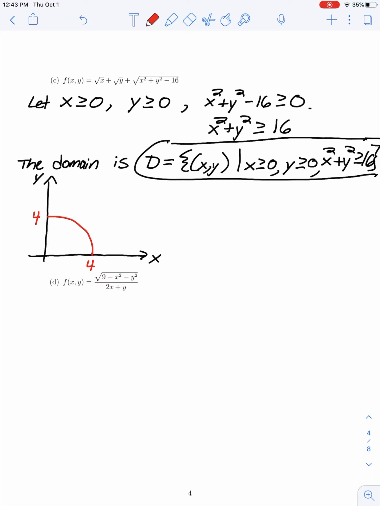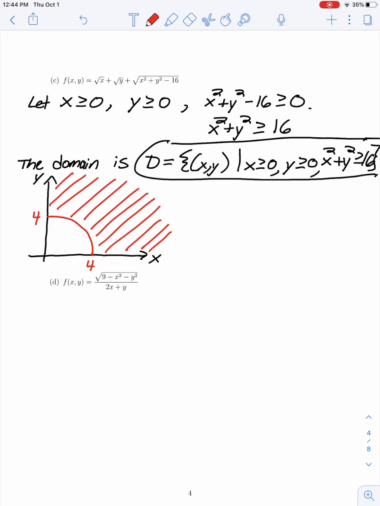And I would use a solid line to denote that circle here. Since this was not a strict inequality, I could consider points on this circle. Now, if the sum of x squared plus y squared must be greater than or equal to 16, that means that we would be considering points that lie on circles of at least radius 4.